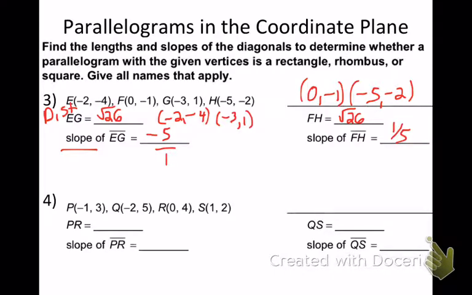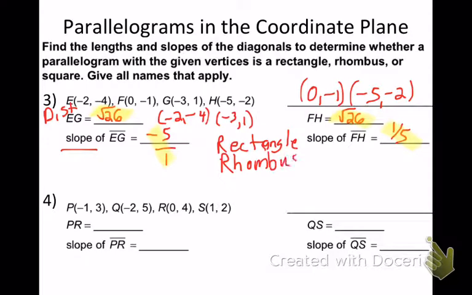Now I have to determine what it is. So as I look, Anderson, my distances, are they the same? Yes. So that means it's going to be a rectangle. Anderson, my slopes, are they opposite reciprocals? So that means it's going to be a rhombus.